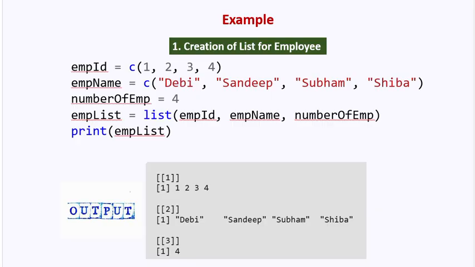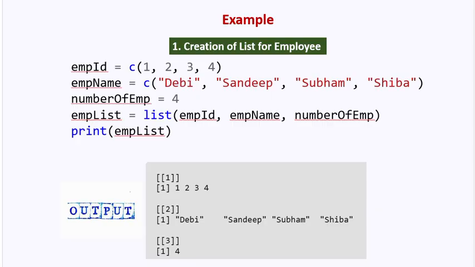You can see we created vectors, and you can note that these vectors hold data of the same data type, which is completely different from the list. So what we did is create collections of similar data with the help of vectors, and all those things are tucked together to form a list.